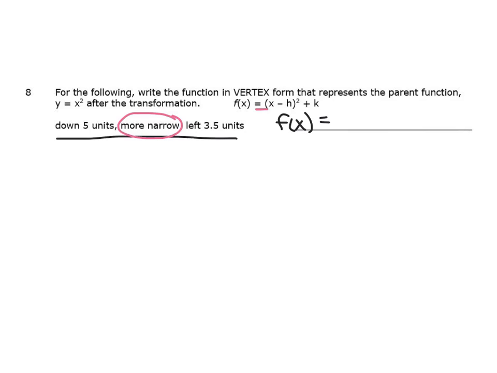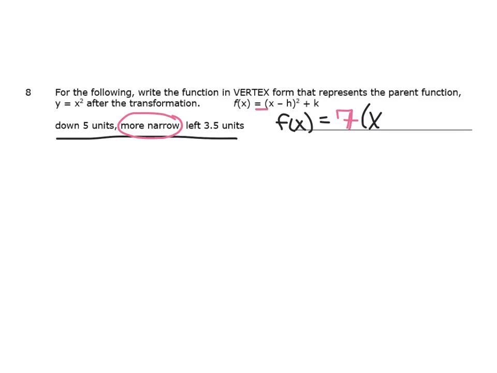So I need a number greater than 1. It can be any number greater than 1. I'll just go with 7. But once again, any number you pick, as long as it's bigger than 1, it's going to make it more narrow. Then we have our parenthesis x.